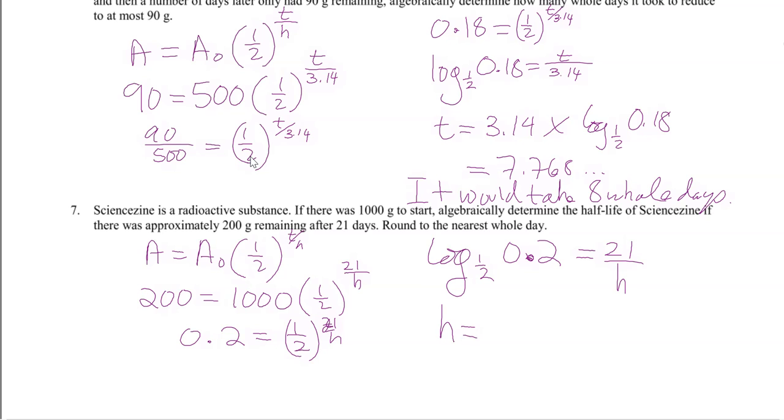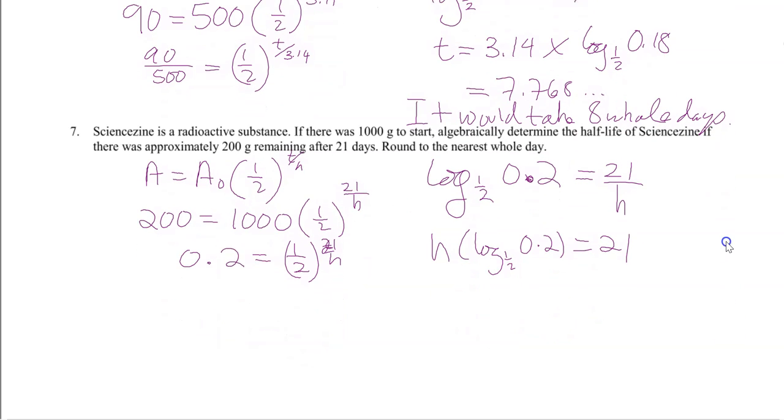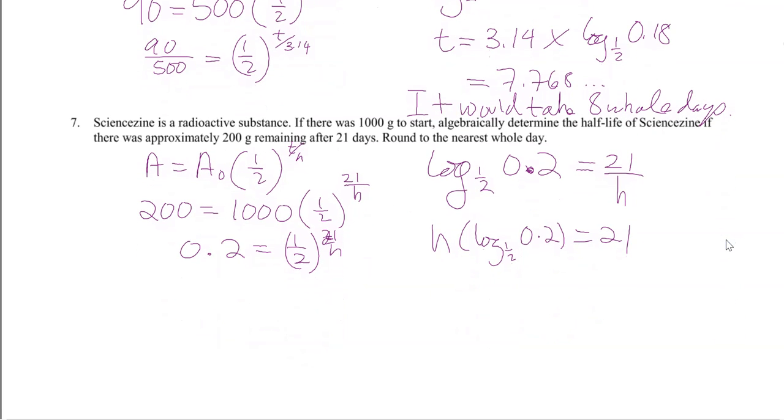So H times log base 1/2 of 0.2 is equal to 21. Basically we multiply both sides by H, then divide. So 21 divided by log base 1/2 of 0.2.